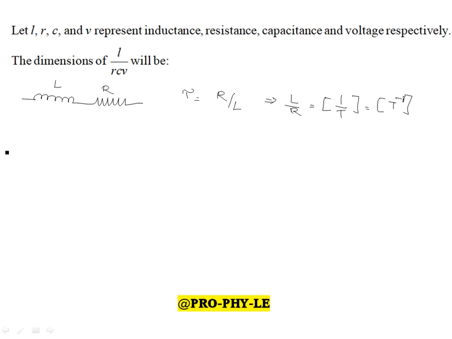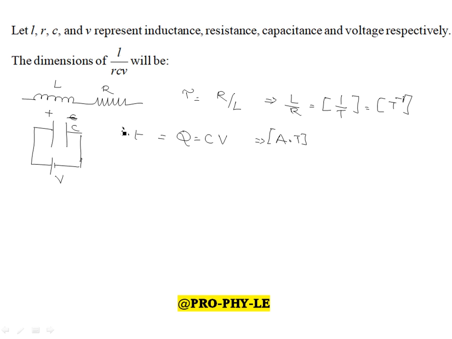Similarly, if there is a capacitor of capacitance C that is connected to an external source, on one plate it will have positive charge and on the other plate it will have negative charge, and if the applied voltage is V, then the charge on the plates of the capacitor Q will be equal to C into V. So C into V will have dimensions of ampere into time, because charge is nothing but I into T, because I is defined as charge per unit time.